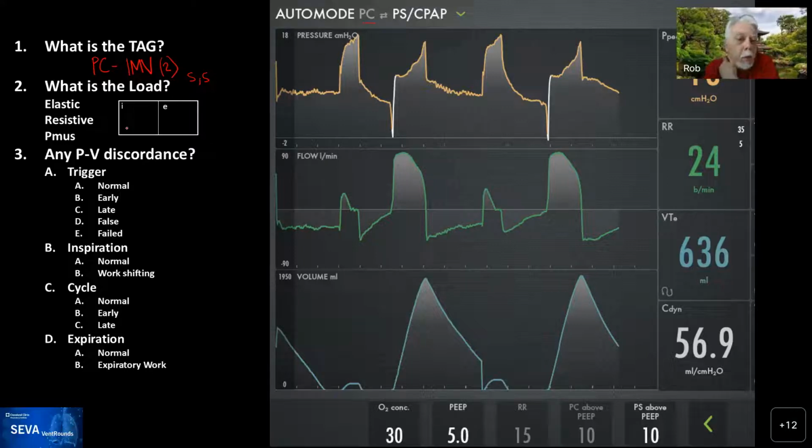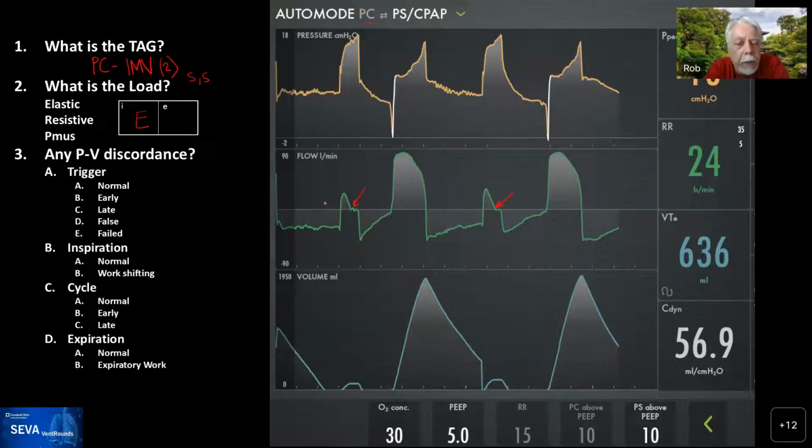So the next question is, what is the load? And again, the analysis, if we're assuming this is the same patient, is the same for the mandatory breaths. We have a very quick drop in inspiratory flow to 0 during inspiration. That would indicate a high elastic load. And for the mandatory breaths, the passive breaths, they appear to be mostly passive, except on exhalation.